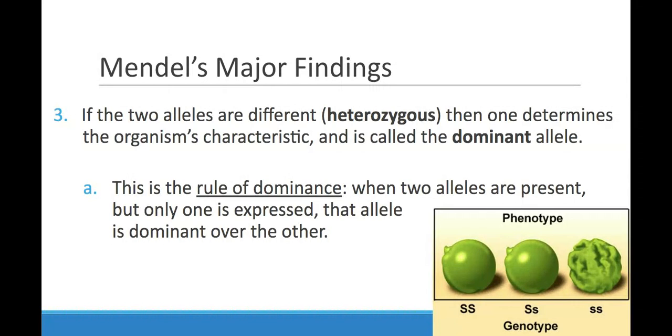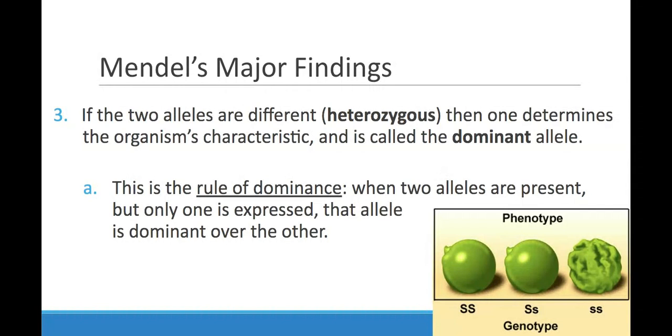When two alleles are present, but only one of them is expressed, we say that allele is dominant over the other. In the case of brown eyes and blue eyes, brown eyes is the dominant allele. So if you inherit brown eyes from dad and blue eyes from mom, you'll have brown eyes because brown is considered dominant.